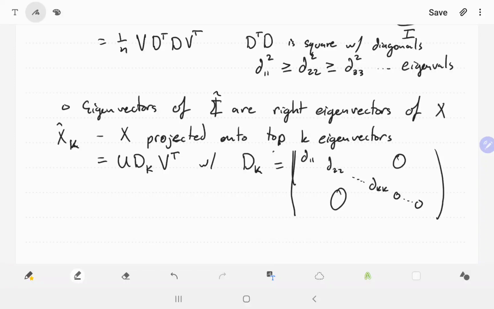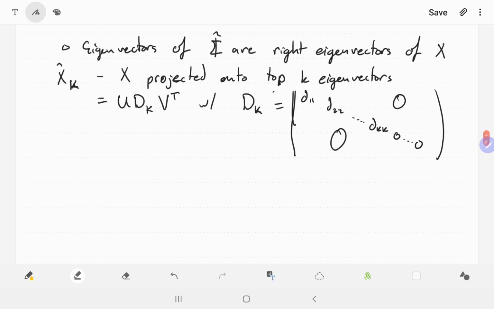So that's one way to think about this projection of x onto the k-dimensional subspace.